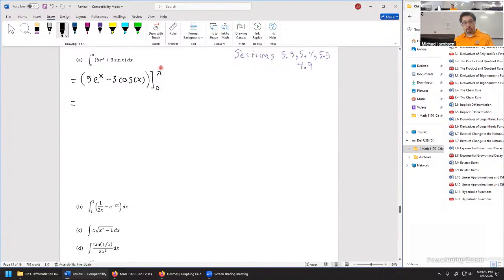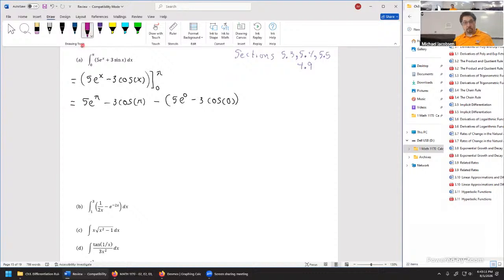It's always the upper limit plugged in first through the fundamental theorem part 2. So take pi, plug it in for x to get 5e to the pi minus 3 cosine pi. Then go minus, do it again, plug in 0 for x, the lower limit of integration. So always in that specific order. This would give us 5e to the power 0 minus 3 times cosine 0.